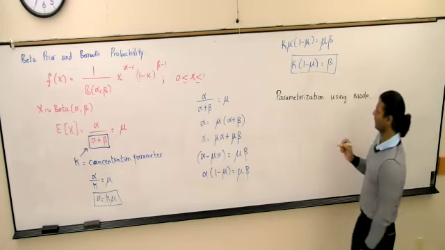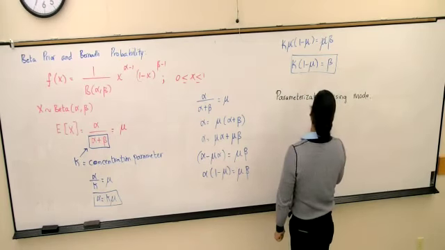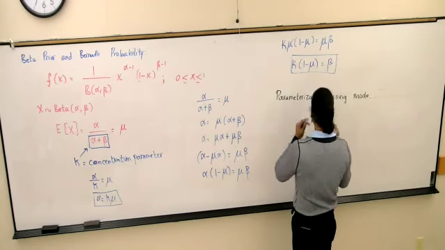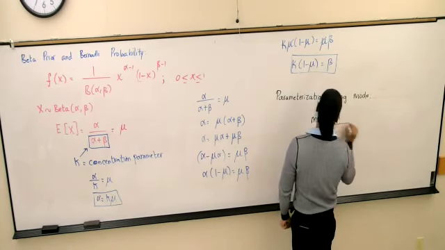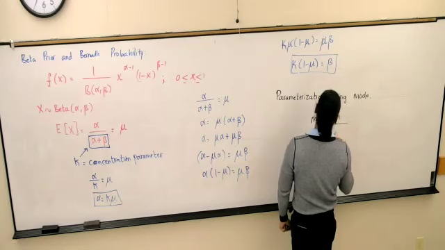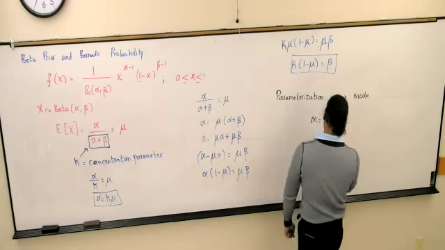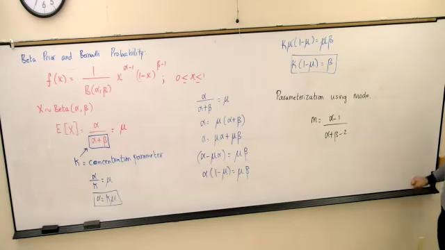The mode of beta is alpha minus 1 divided by alpha plus beta minus 2.